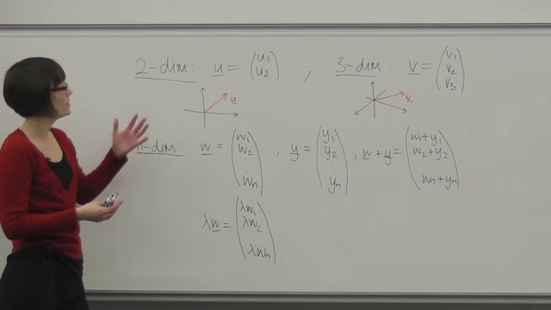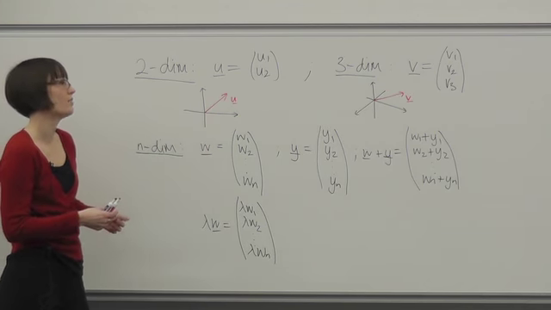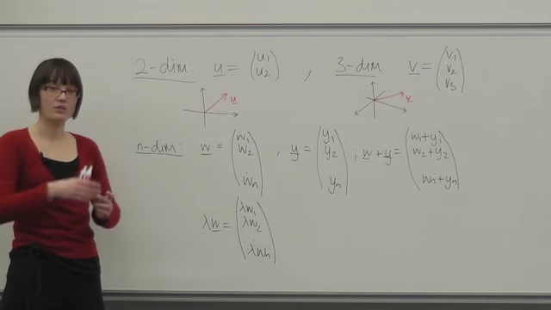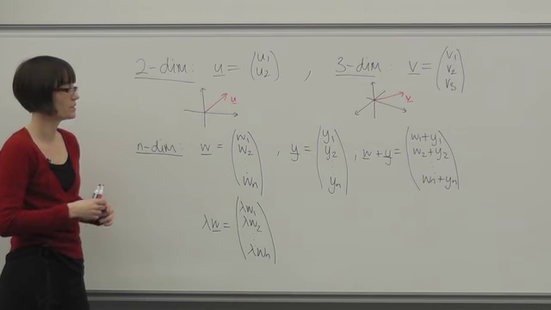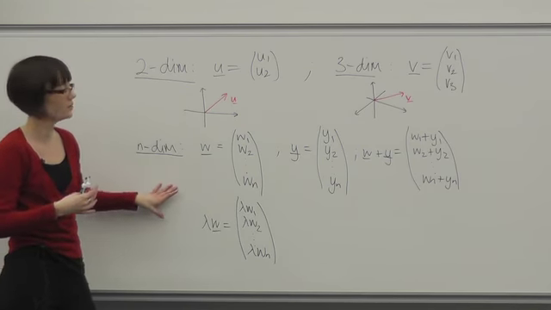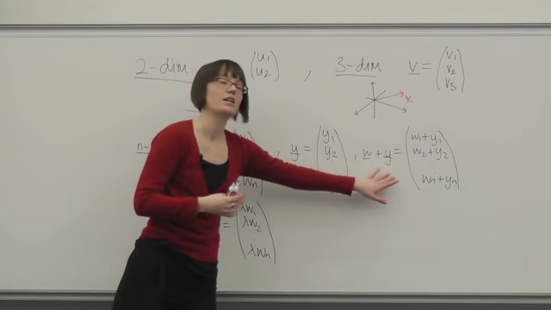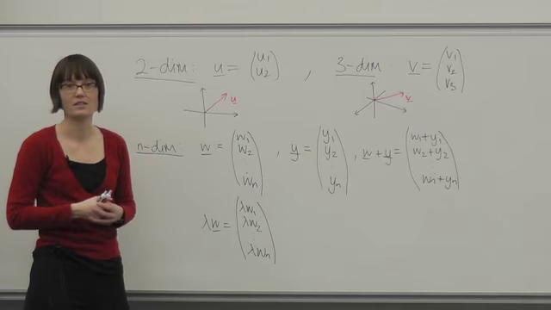And similarly, where in the 2- and 3-dimensional case, we think of vector addition as this kind of top-to-tail composition of directed line segments, you should also bring that intuition to the n-dimensional case and think of vector addition in the n-dimensional case as some kind of top-to-tail addition of vectors.